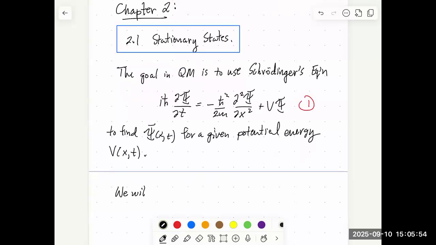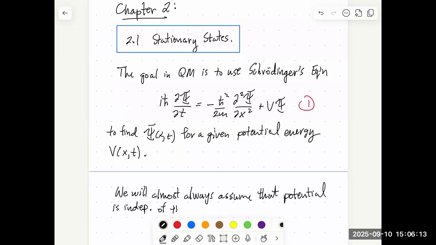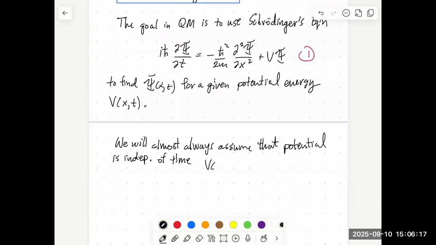We will almost always assume that the potential is independent of time. Okay, and so what that means is that this general V of x, t, we're going to assume that it depends only on position.